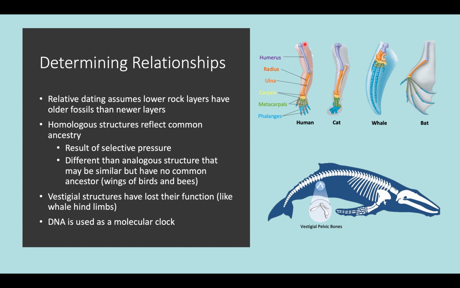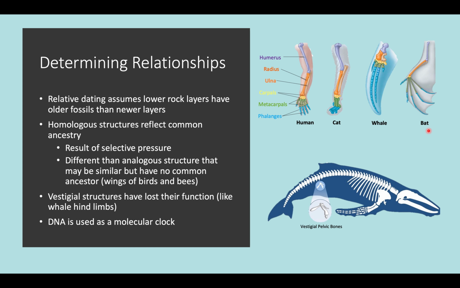We have a humerus, a radius and ulna, carpals, metacarpals, and phalanges, which are the bones that make up our arm. Cats, whales, and bats all share very similar structure within their given arm, whether it be a whale's fin or a bat's wing. We all have very similar structures that perform similar functions. And please remember that all of these are mammals, right? We're a mammal, a cat is a mammal, a whale and a bat are mammals.